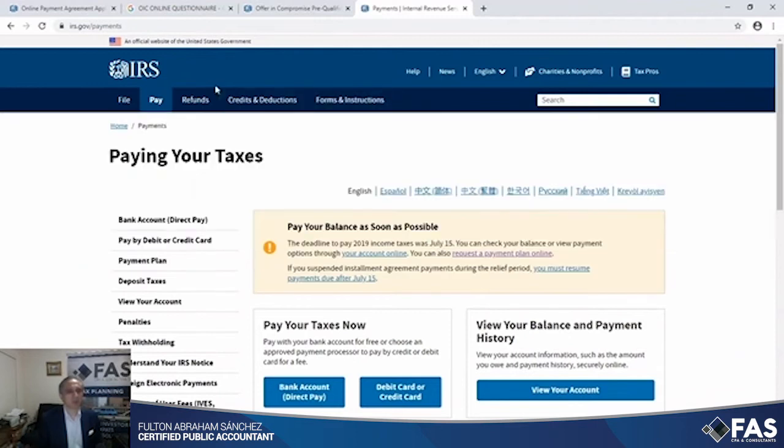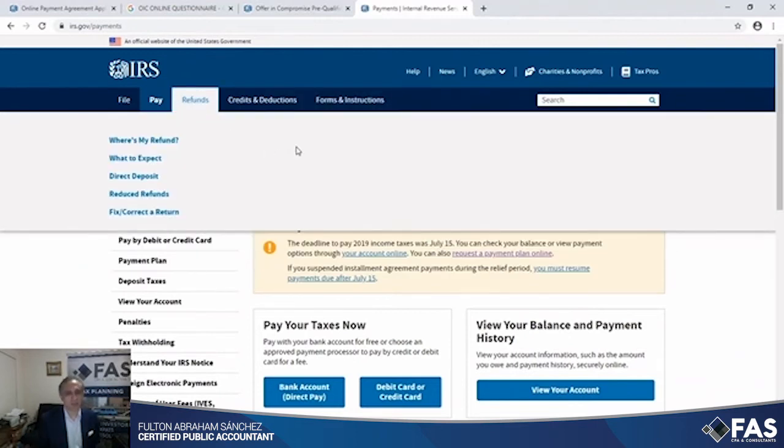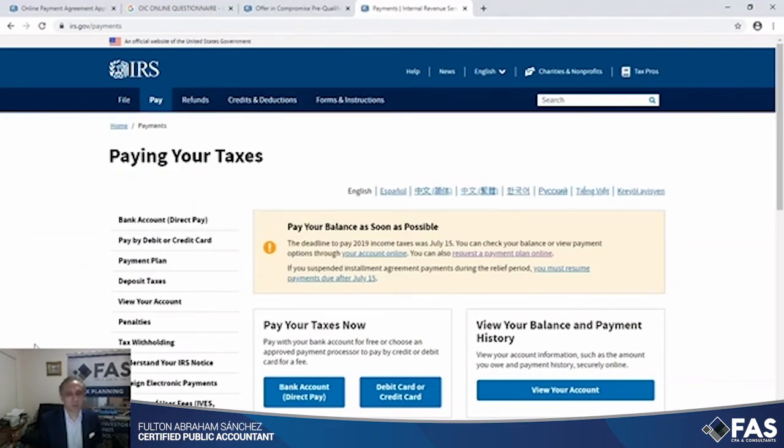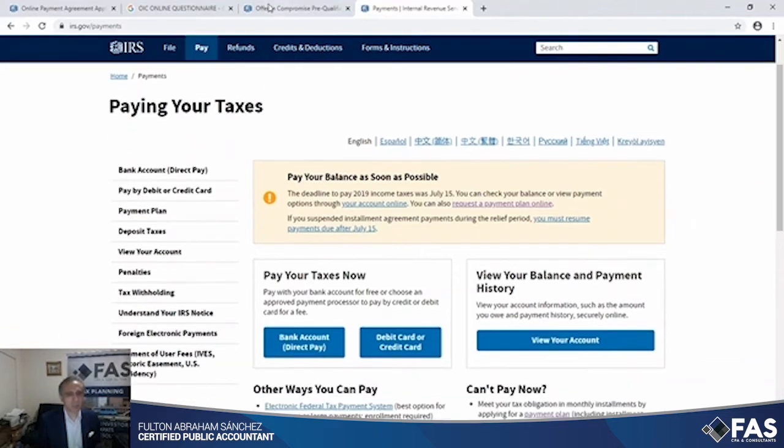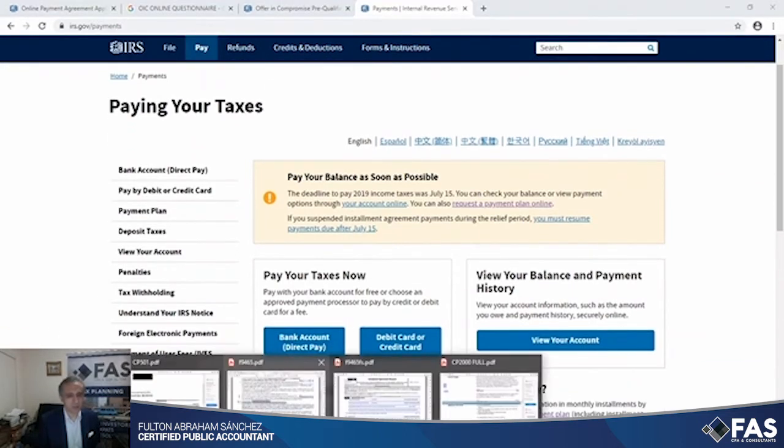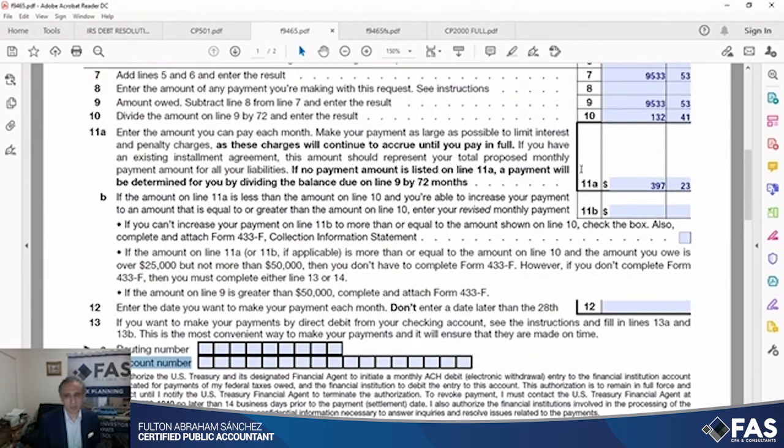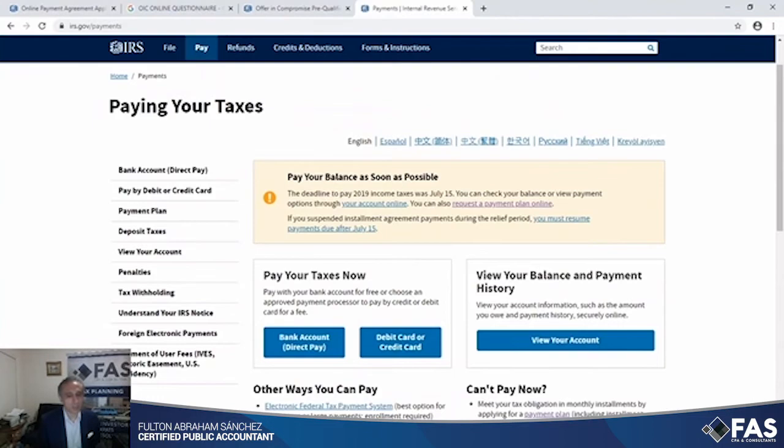This website, irs.gov/payments, will allow you to pay the amount that you set as a payment, $397, online through the bank account.